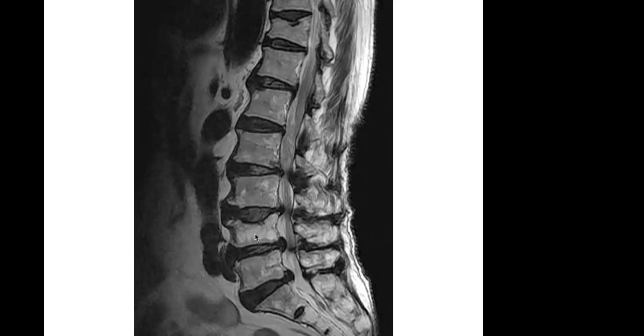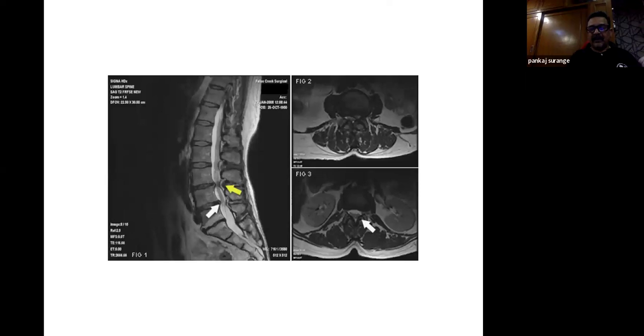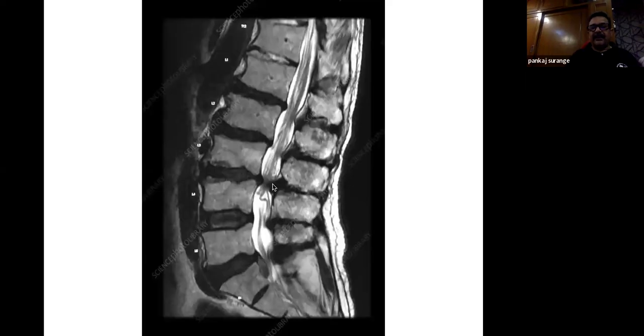All the pathologies are there. But the patient said, I don't have any back pain at all. So we'll not do anything here. This patient actually had a compression fracture at the D6 level. Ligamentum flavum infolding, you can see on MRI.